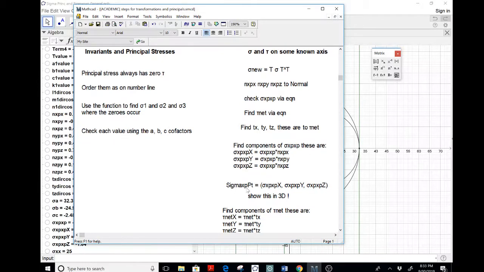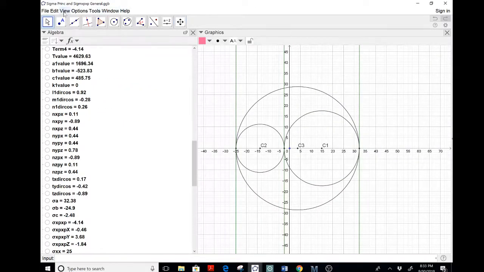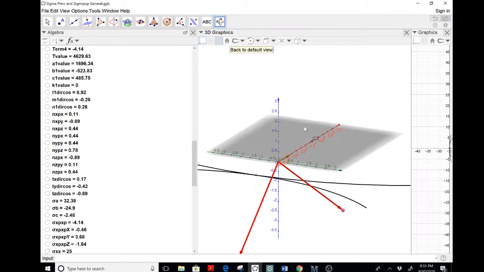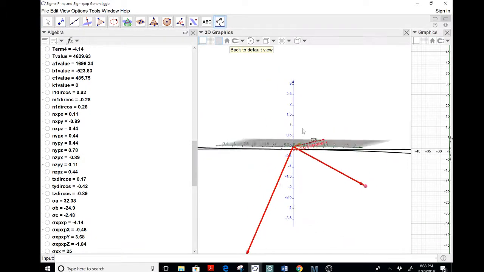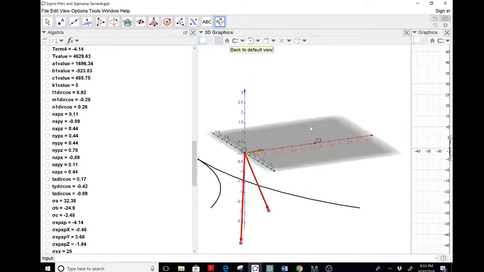And then sigma x prime point is the x part, the y part, and the z part. And that's what I showed in 3D here. I'll walk through some of the GeoGebra steps for you if you want to do it in GeoGebra. All right, let's go back to our list.